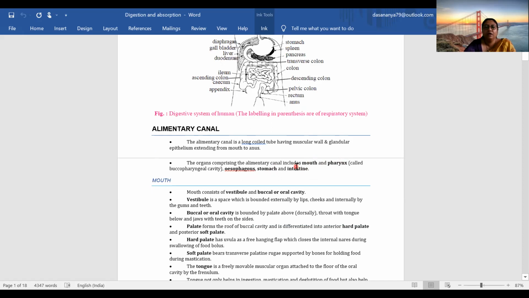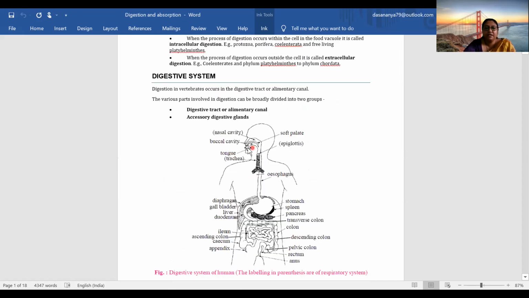So you must understand this part is known as the mouth. Then the pharynx is the area where the mouth end and the nasal cavity end are fusing together. After that, there will be the food pipe, which is lying side by side with the trachea, that is the windpipe. The food pipe is called the esophagus.